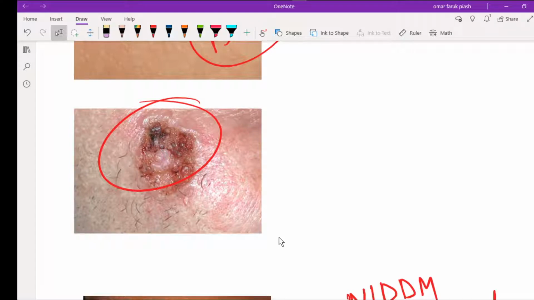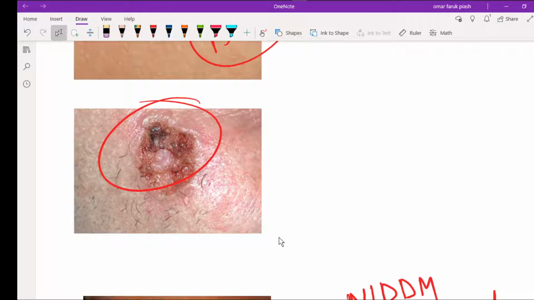There are some other things you have to remember. Actinic keratosis is a precursor lesion of squamous cell carcinoma, and it presents as hyperkeratotic scaly plaques, often on the face, back, and neck.